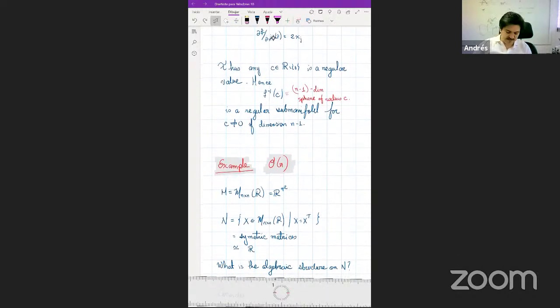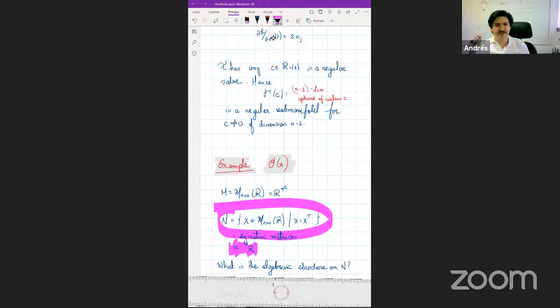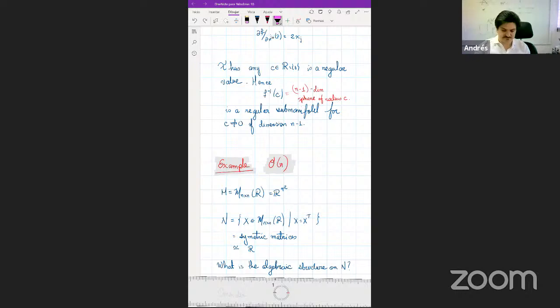So now, let's try to figure this out. What do you know about this set? The set of all symmetric matrices. What can you tell me about it? What algebraic structure do you think that this set has?